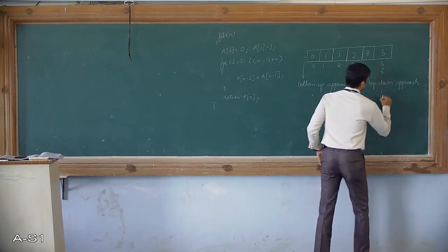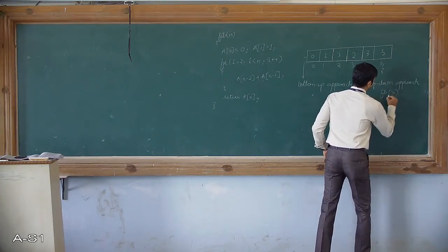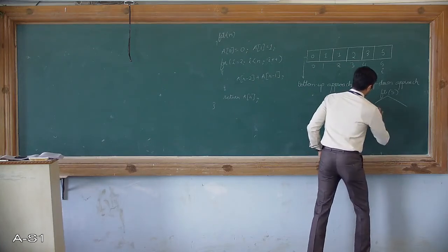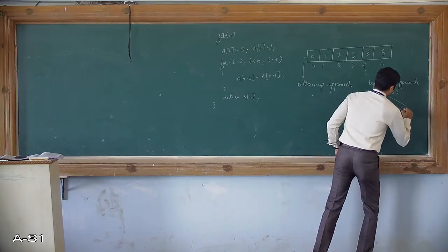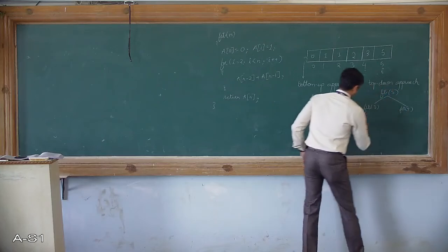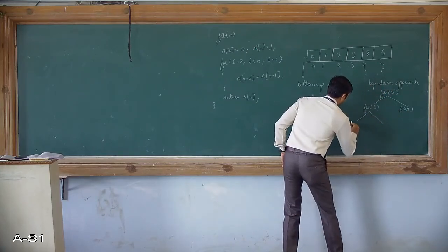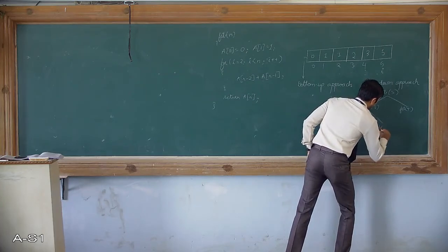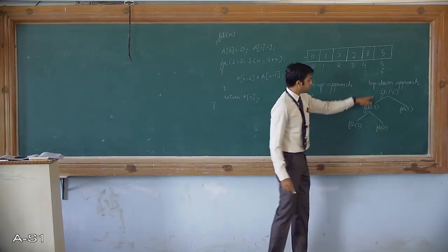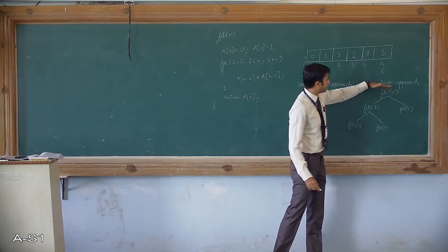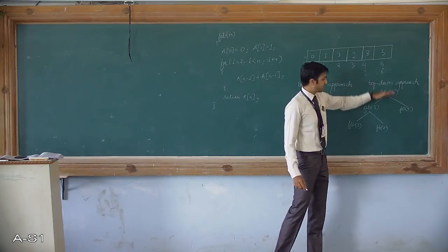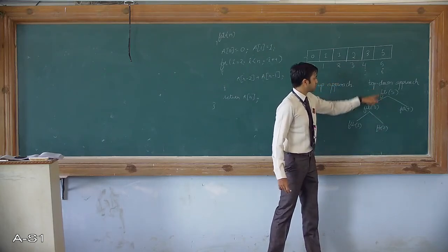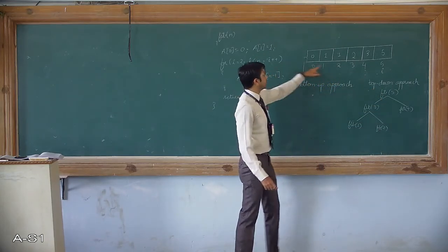Because here we started with Fibonacci of 5, then we split it, we went to Fibonacci of 3 and Fibonacci of 4, and then again we split that, we went to Fibonacci of 1 and Fibonacci of 2. We are starting from the n value and then going below to 0.